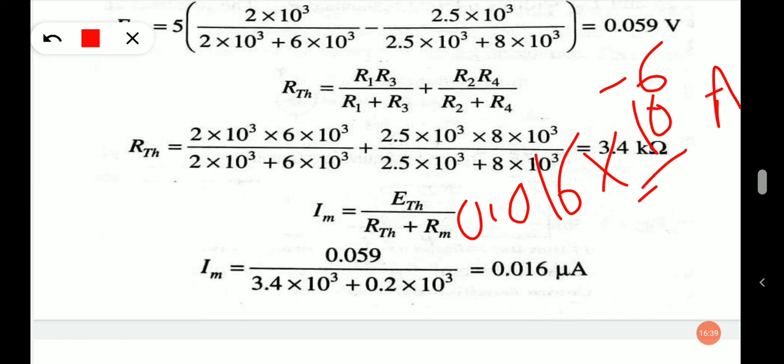So for 10 raised to minus 6, micro is written, so 0.016 microampere. This is the current flowing through the detector we have calculated.